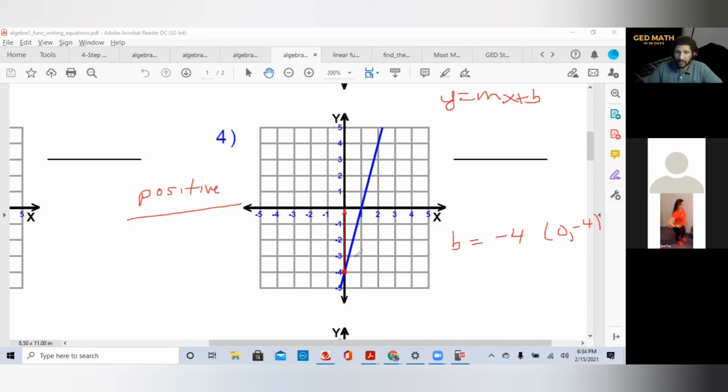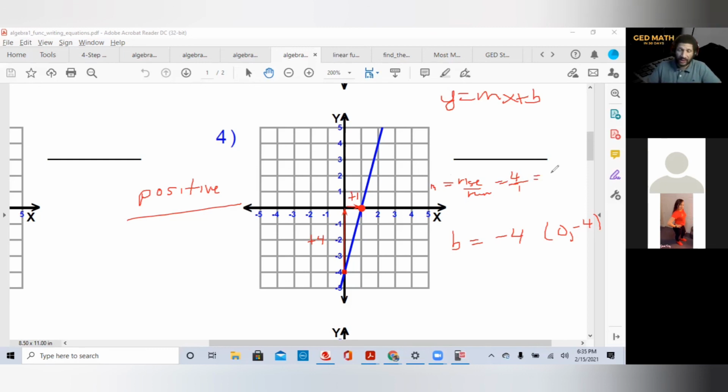Is that positive or -4? Positive, +4. And you said go to the right 1, correct? Yes. There we go, there's our point. Let's draw a second point. So if our rise was +4 and our run was +1, what is our slope? 4 over 1.